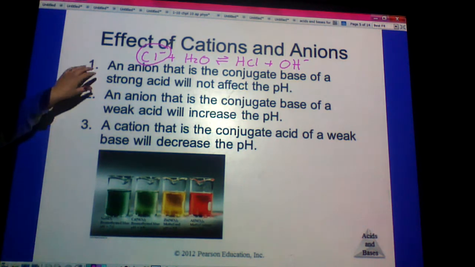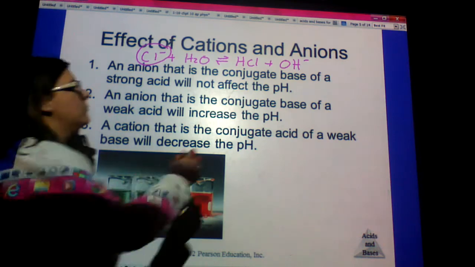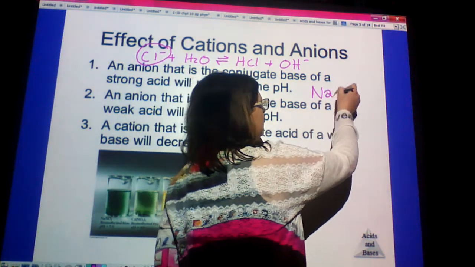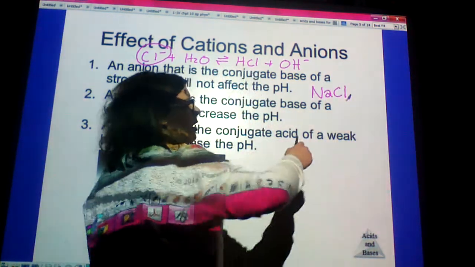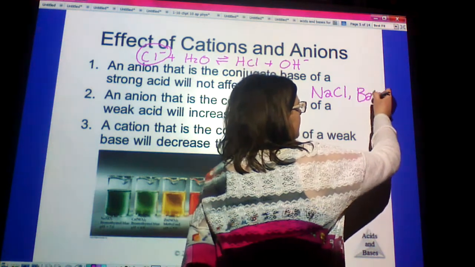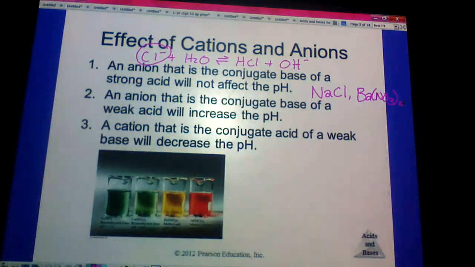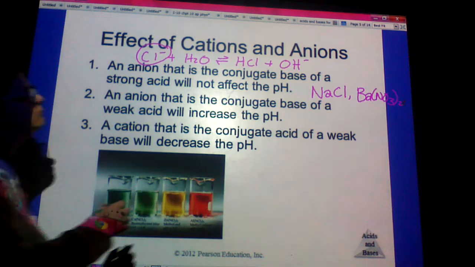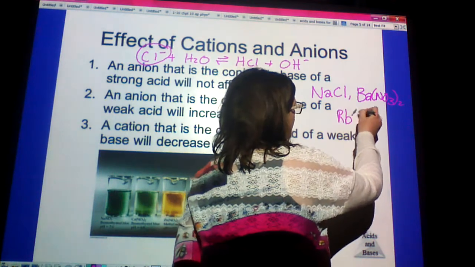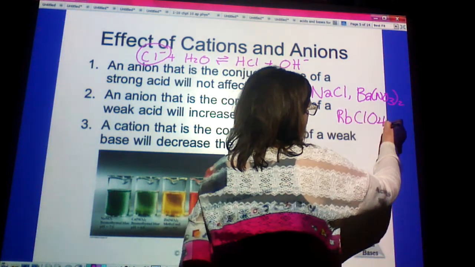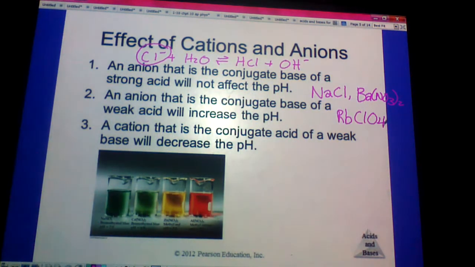So this is going to be true for salts like NaCl or BaNO3, or I could have rubidium perchlorate.